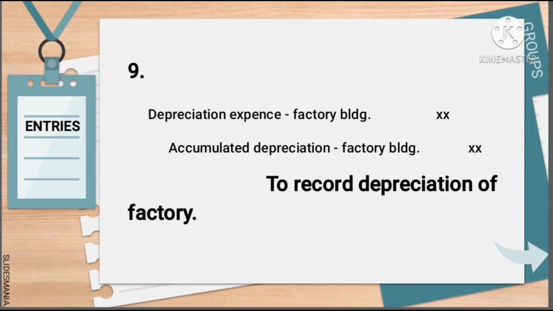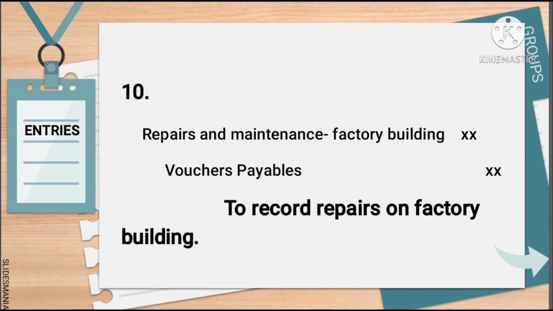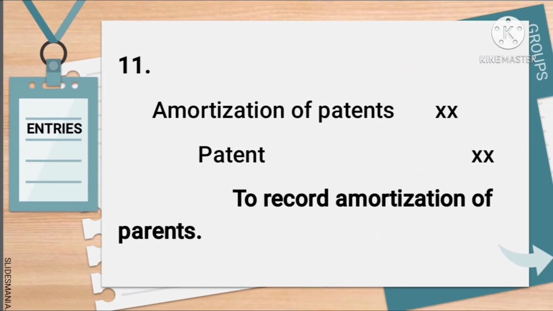9 is to record depreciation of factory building. Debit depreciation expense factory building. Credit accumulated depreciation factory building. Next is to record repairs on factory building. Debit repairs and maintenance factory building. Credit vouchers payable. 11 is to record amortization of patents.